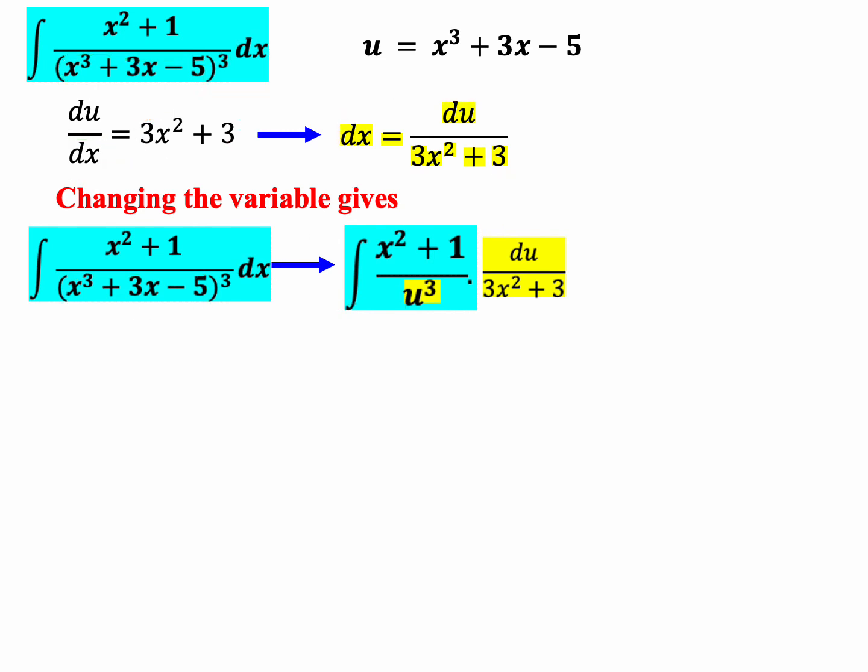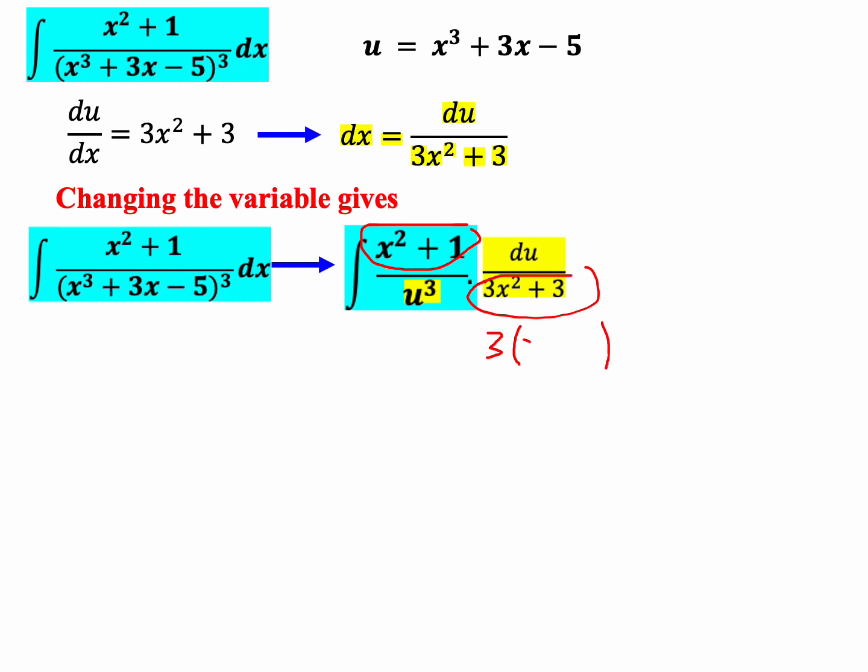I still have two variables. I still have x squared plus 1, and I have u. We cannot proceed unless we change everything to be in terms of u. So how can I deal with these two things? Here, either I multiply by 3, then I divide by 3, then I cancel, but it's easy for me to find the common factor here.